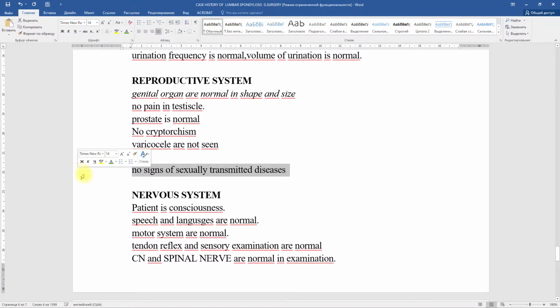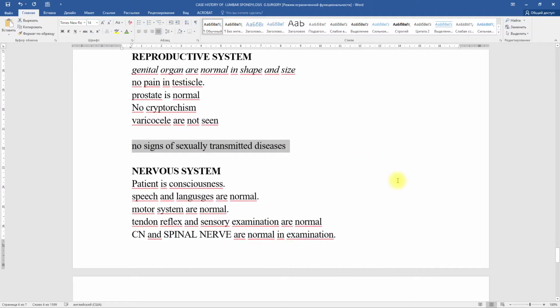Not because you're so curious, but because if the patient has some signs of sexually transmitted diseases, he must be isolated in one way or another from other patients, and caution must be taken during surgery in the operating room. Because if he has either syphilis or AIDS, some epidemiologic measures should be undertaken.